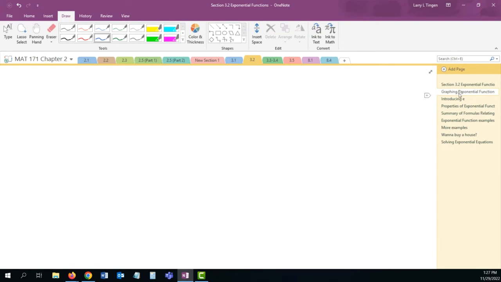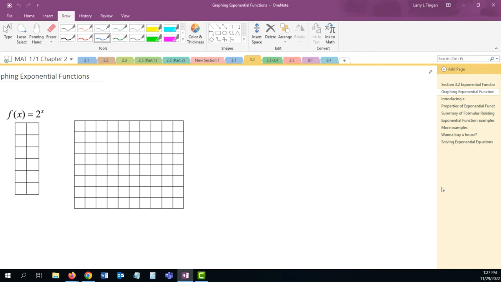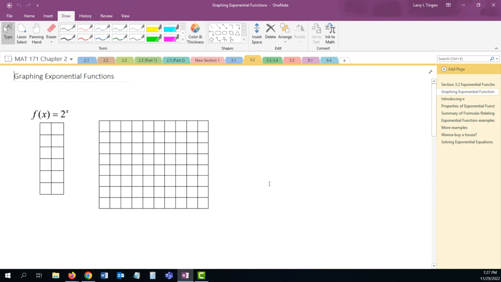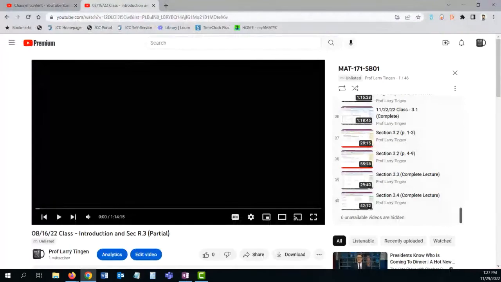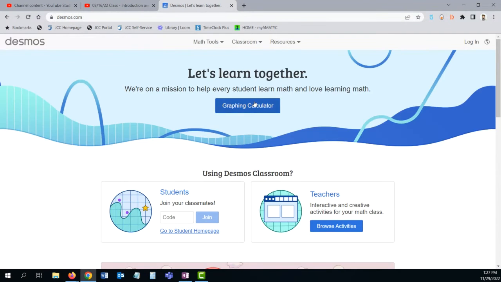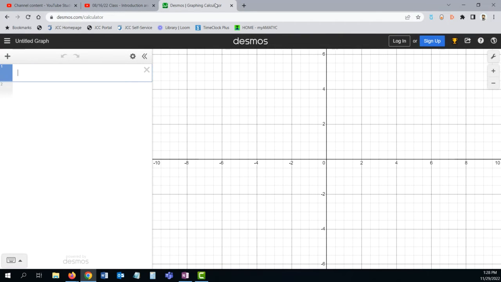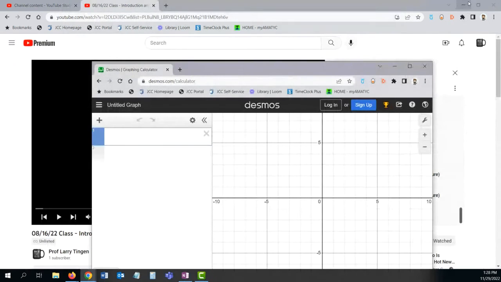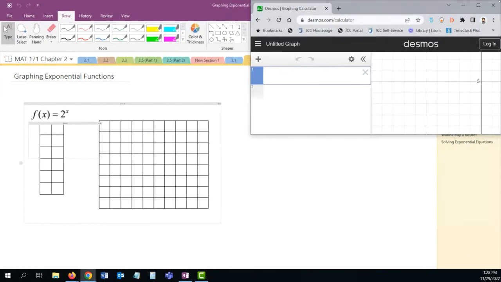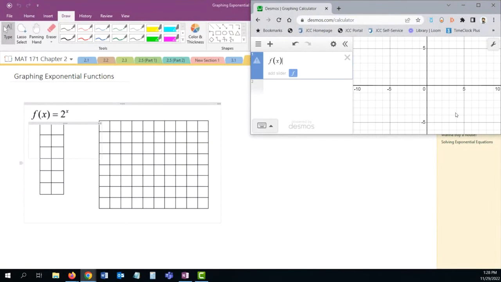And what's it look like? All right. There are examples here in the notes, but we've seen what happens when I try to draw a curve on my pad, so I'm not going to do that. I'm just going to go grab these two functions. f of x is equal to 2 to the x.